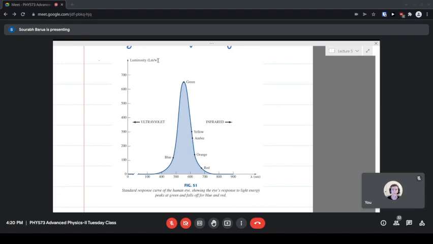Suppose all the wavelengths are falling with the same intensity, meaning per unit area, the same amount of lumens is falling. Even then, it will appear to you that the green light is brighter, because your eye is converting more of the green light than the other lights. So that is the meaning of sensitivity of the human eye.